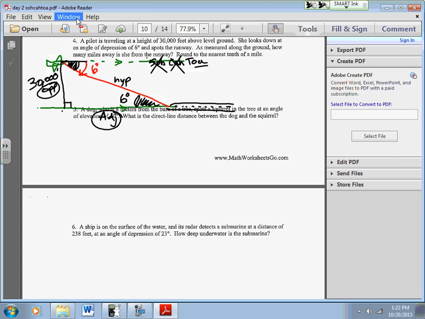You know what the angle is, so that's tangent of the angle, which is 6 degrees. Opposite is 30,000. And adjacent is x. We don't know what the adjacent side is.